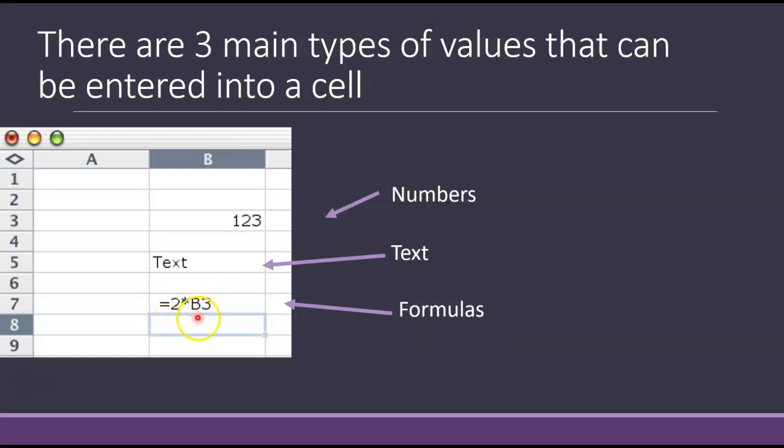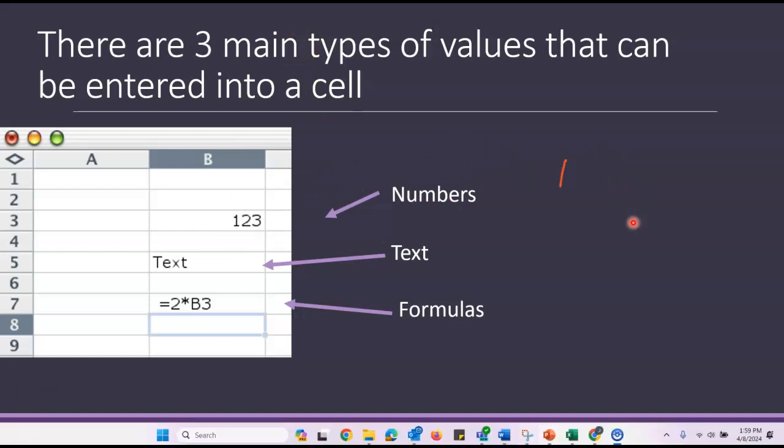Equals 2 times B3. This formula is going to take the value of 2 times the value stored in cell B3. So if we come up to B3, we see the value of B3 is 123. What is 2 times 123? You could technically do the calculation. 123 times 2. 2 times 3 is 6. 2 times 2 is 4.